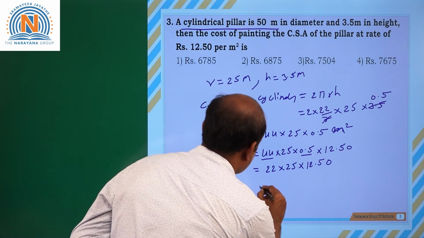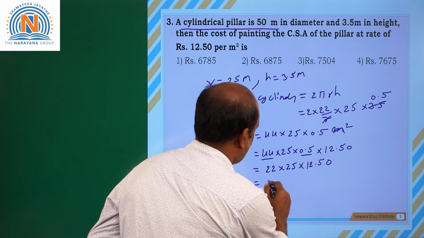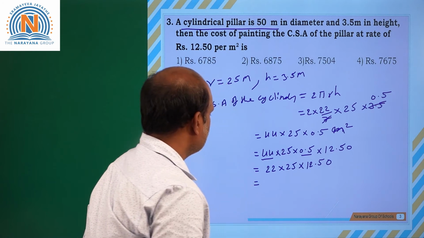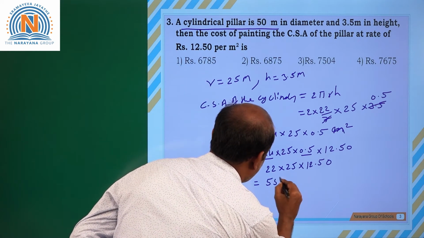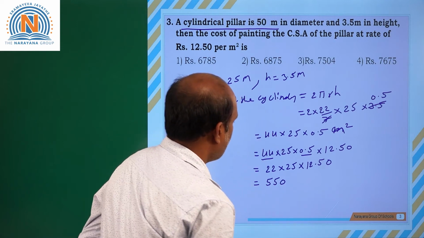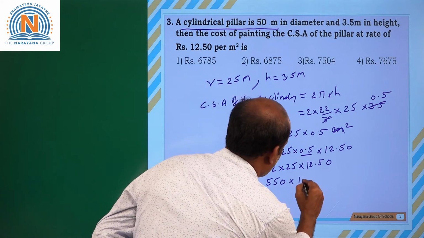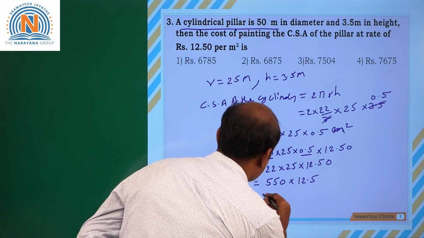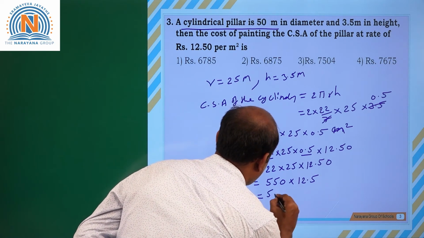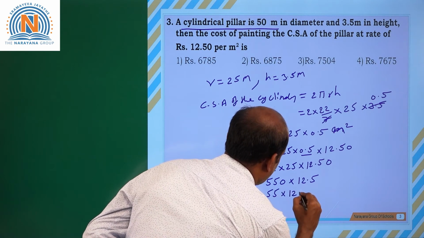That is equal to 22 into 25, which is 550, into 12.5. That is nothing but 55 into 125.